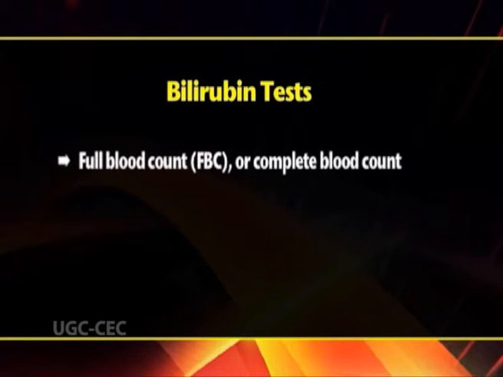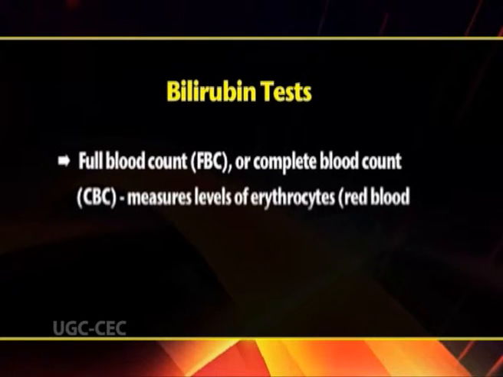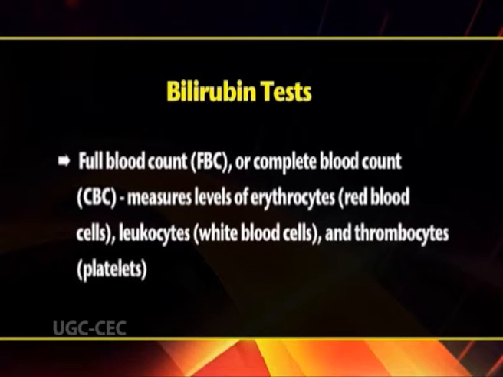Second, full blood count or complete blood count CBC, which measures the levels of erythrocytes, also called red blood cells, leukocytes, means white blood cells, and thrombocytes, which is also called platelets.